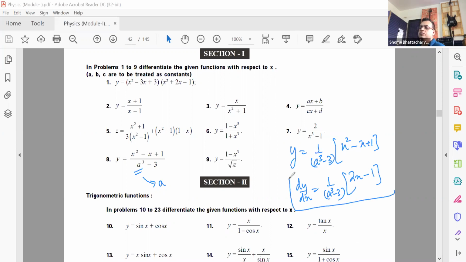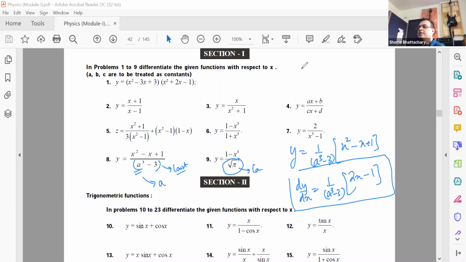So got it now? So you don't have to use quotient rule. You're understanding my point? Yes, sir. Okay. If you use quotient rule also, you'll get the same thing, but after a lot of effort. So you just have to understand that this whole denominator is basically a constant. It's not a function. So we don't need to use quotient rule.